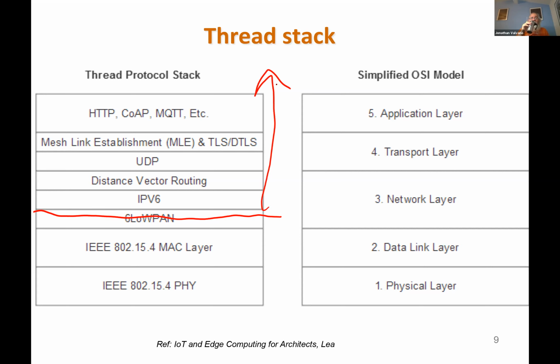It's internet, but it's internet light. What's gone? Can you see what's missing? The thing we did earlier today. What's not here in this Thread going up? TCP. There's no TCP here.